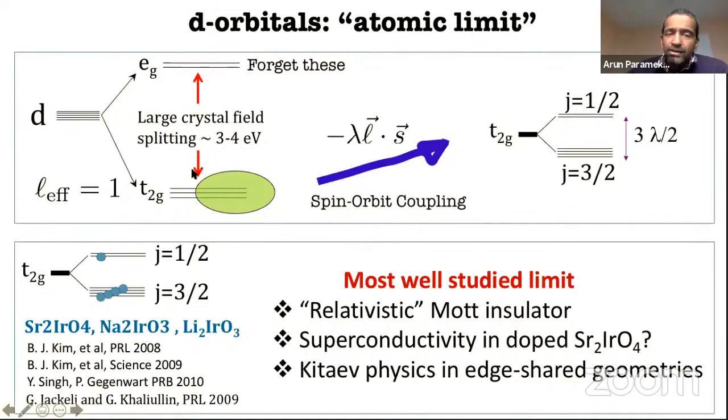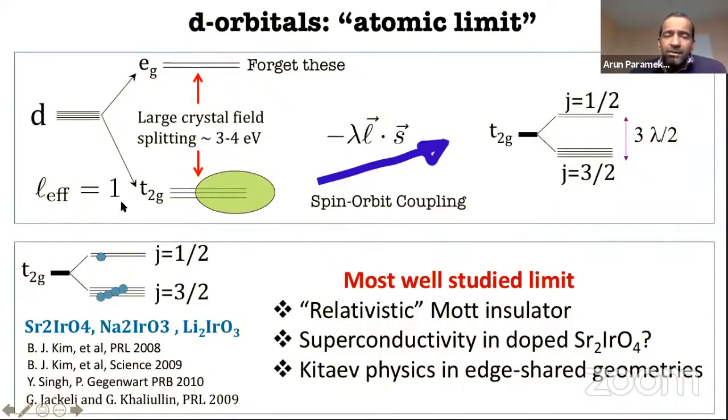If you're in an octahedral crystal field, Oh, then the electrons basically split into single particle levels, these t2g states, which is a threefold, excluding spin, it's 3 levels. And then you have an eg doublet sitting up here about 3 to 4 electron volts above in energy. Right?